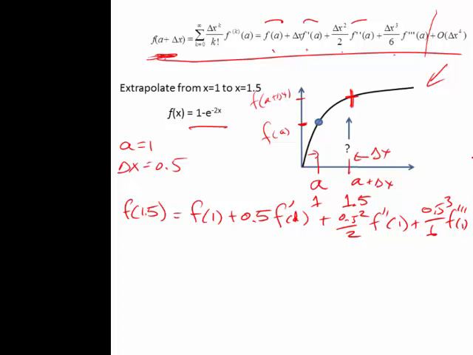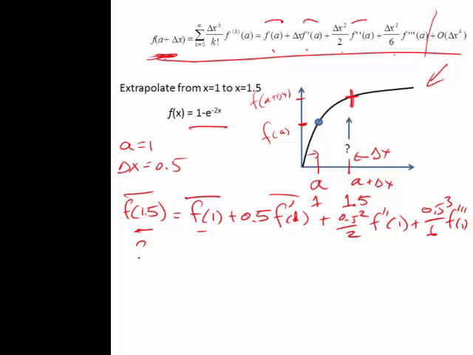And then we truncate the series, and this will give us the result in an approximate form. Okay, so now we need to have these values. Well, we already have f of x, so we can get those values.